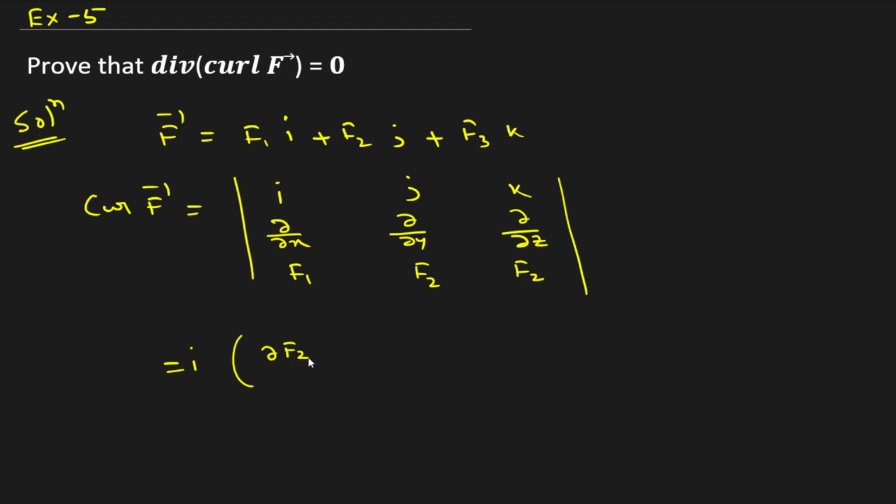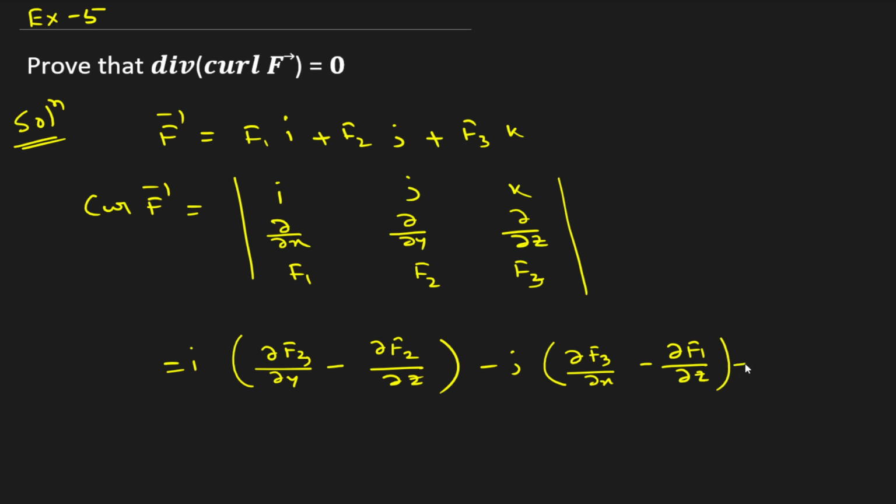We'll get i cap into (∂f3/∂y − ∂f2/∂z), minus j cap into (∂f3/∂x − ∂f1/∂z), and then k cap into (∂f2/∂x − ∂f1/∂y).